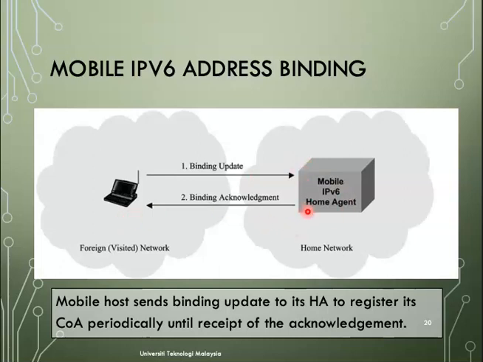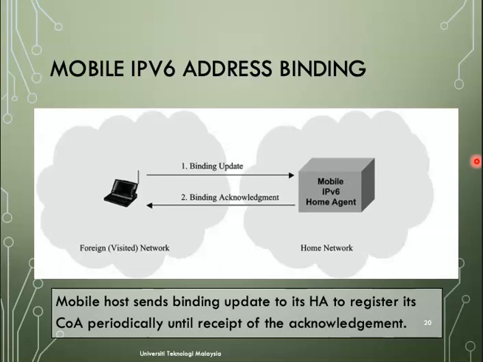Once it receives the binding acknowledgement from the home agent, the mobile host stops sending that binding update. This is done every time the mobile node moves into a foreign network. Every time it moves into a foreign network, it will acquire an IPv6 care of address from the foreign network and use it to receive packets from the foreign network.